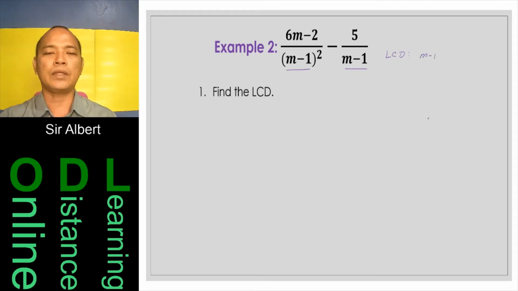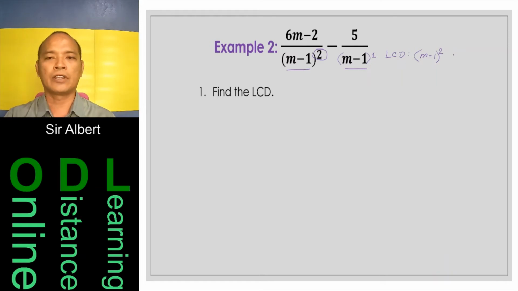As always, we take the higher exponent between (m-1) squared and the second denominator, which is understood to be (m-1) to the first power. The higher exponent is 2. So in our LCD, it would then contain the factor (m-1) squared.